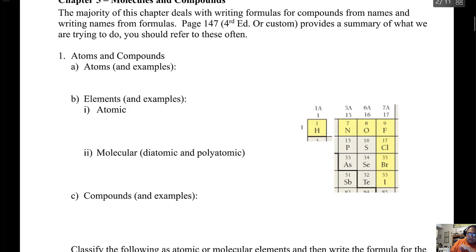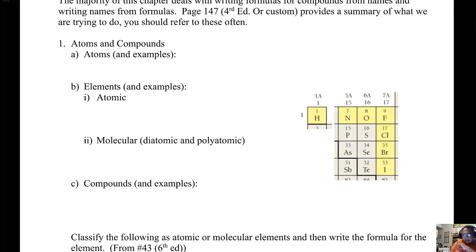To start with, we have atoms and we have elements and we have compounds. Atoms are the smallest building block of matter, basically. I mean, there are subatomic particles, but of the things that are bigger than the subatomic particles, atoms are the building blocks that make everything up.